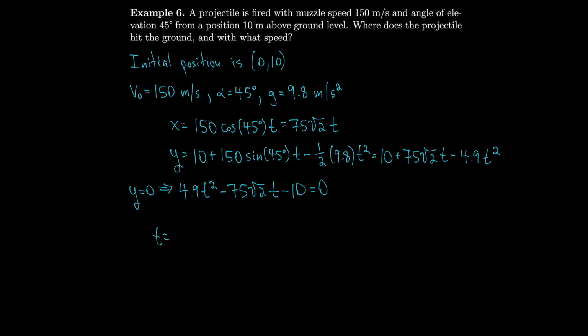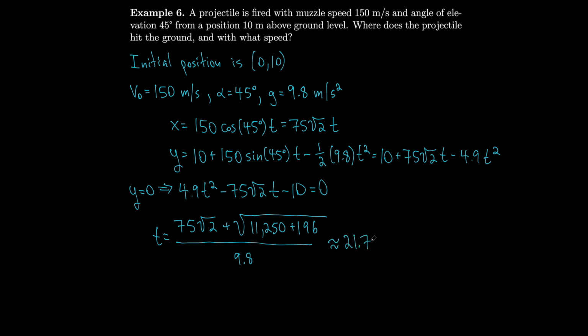We get t equals 75√2 plus the square root of 11,250 plus 196, all over 9.8. And that ends up being about 21.74.